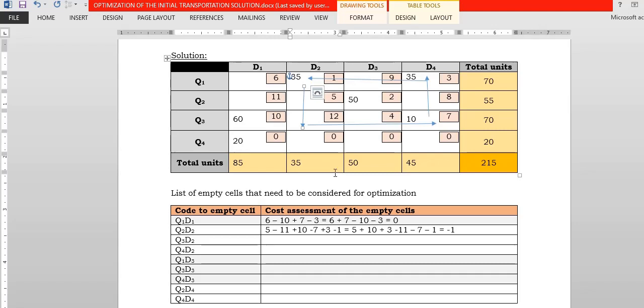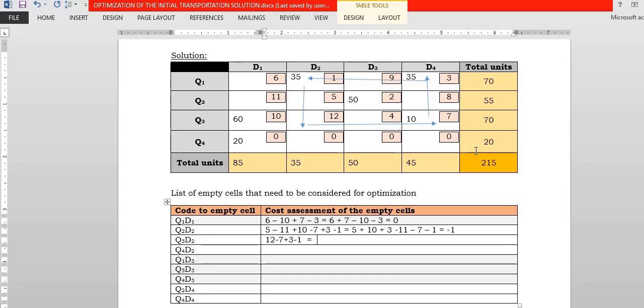So we compute. Here we shall start with the 12, which is an empty cell. It's 12 minus 7 plus 3 minus 1. So 12 plus 3 is 15. Negative 7 and 1 is 8.